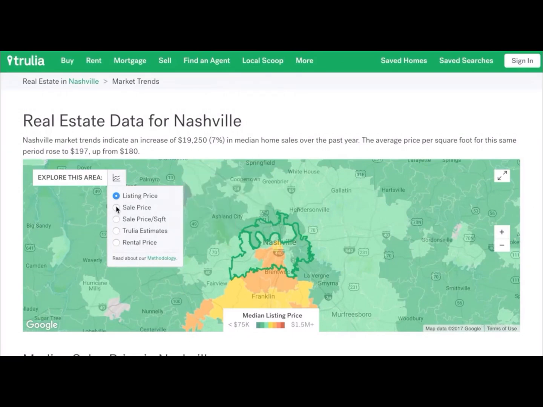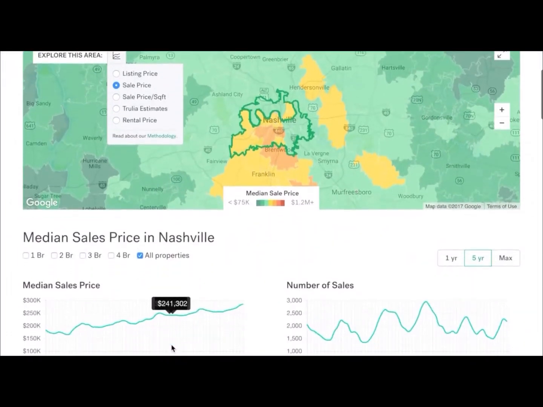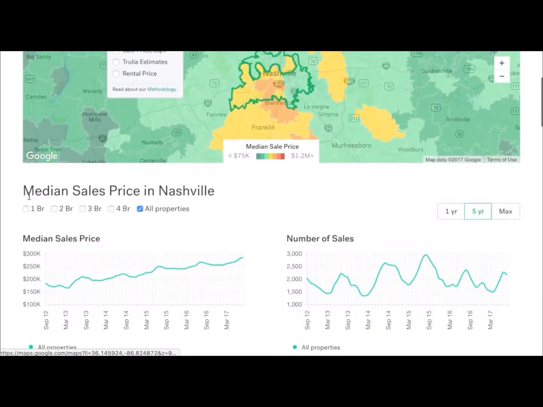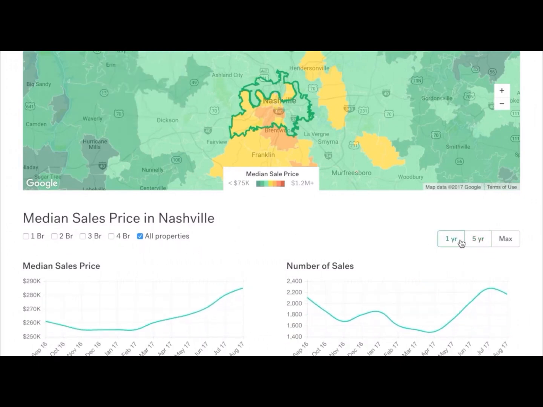And now it's very similar to the last one we looked at, but now we're going to look at some other things that are going on here. You can see here, median sales price, we've got sales price clicked. We're going to go all properties. You could do some more micro analysis, right? We could look at 1 bedrooms, 2 bedrooms, 3 bedrooms. But let's just put all properties. Let's change this to 1 year because we don't want to look at 5 years.